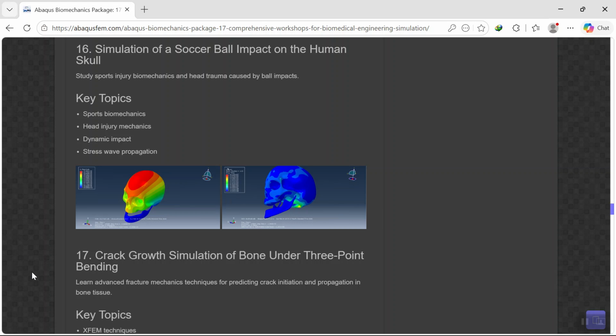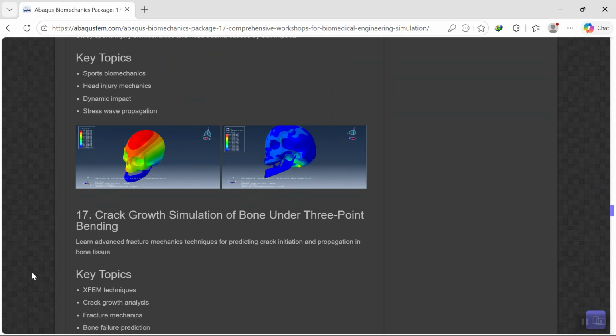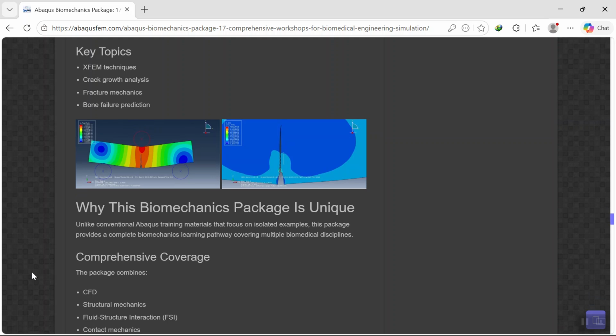This project demonstrates how finite element analysis can be applied to forensic biomechanics, impact engineering, and injury prevention research. The package also includes simulations of femur fracture under impact loading and crack growth in bone fracture. You can see as the end of the package here.